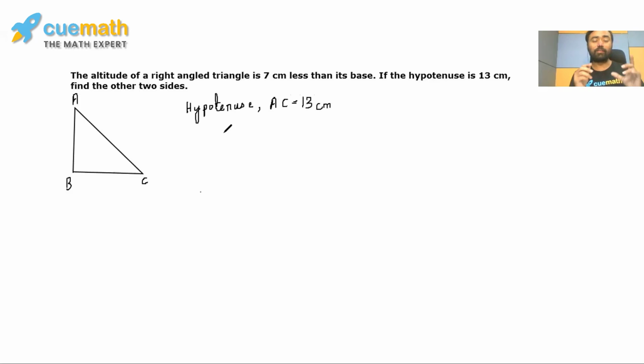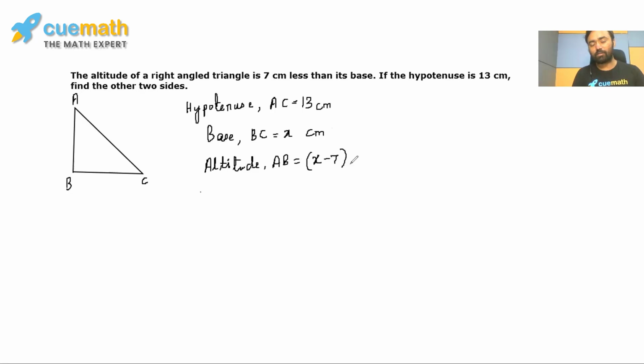Then it says the altitude of a right angle triangle is 7 centimeter less than its base. So if we know the base, we can easily say what the altitude is, because we can compare the altitude with respect to the base. Since we don't have any value, let us consider the base BC to be x centimeters. Then the altitude AB is 7 centimeters less, so x minus 7 centimeters.